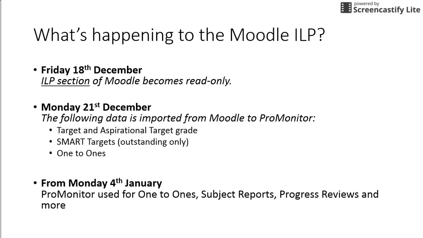Smart targets, so any outstanding smart targets won't be left to dwell in Moodle. They'll be coming into ProMonitor so they can be updated, and any one-to-ones as well, so you'll have the history of those one-to-ones. Previous subject reports and previous progress reviews won't be in there, but you can obviously access those if you go back and look at Moodle.